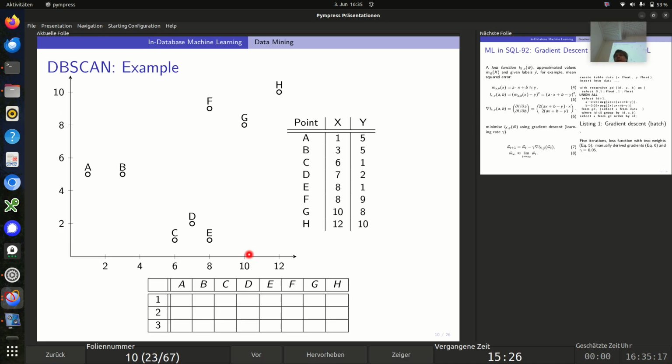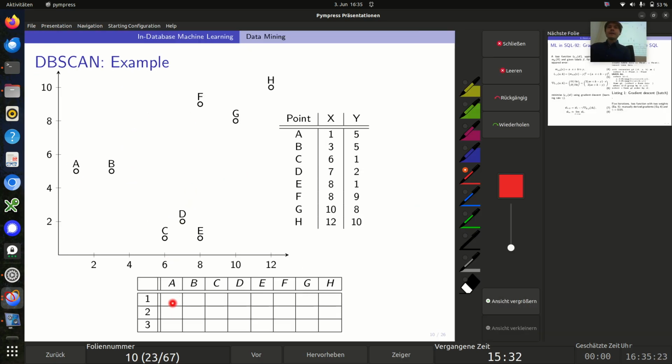So the idea is, in the beginning, we have one cluster for every point. Here in the first iteration, we have these clusters. Then in the next, we merge.